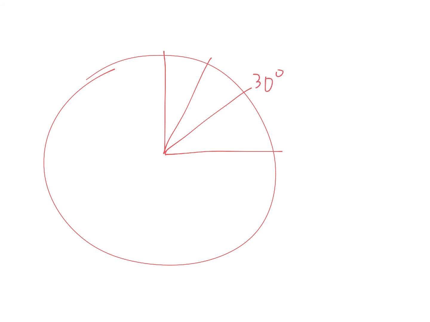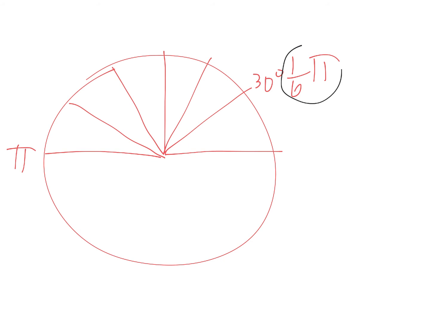Well, you could go off to the side and do that calculation, but would you agree that that's 1/6 of the way to here, which is pi? So it's 1/6 pi, which is pi over 6. See how I did that? 1/6 of the way to pi. So it's pi over 6.